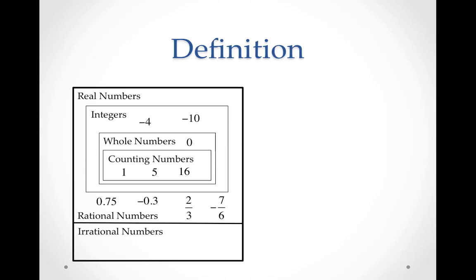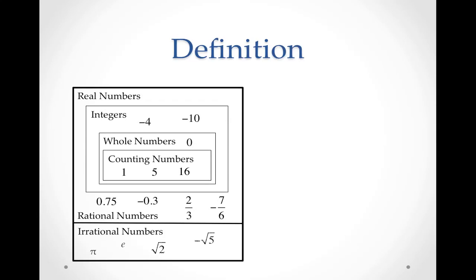The decimals need to be decimals that are either terminating or are repeating with a certain pattern. Another way of defining that is it's a decimal that could be written in a fraction form. So again, all of those rational numbers, those fractions and decimals, are in addition to the integers and the whole numbers, because they're all inside of each other's boxes.